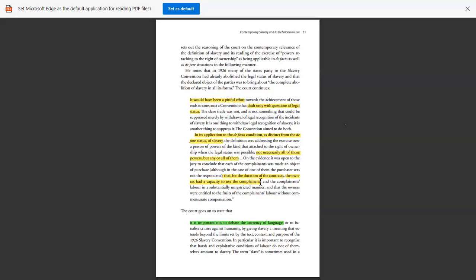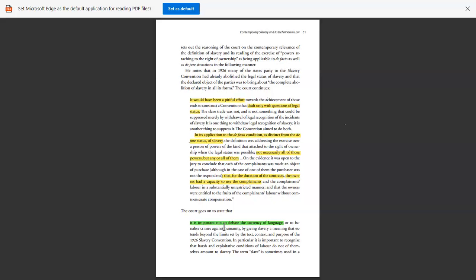I think that's the definition of parens patriae, which in the clip I shared the other day on the role of the Michigan Attorney General and Consumer and Environmental Protections, the bar even admits that they don't have the ability or the power to come down on behalf of one of the individuals in the state to collect for another, yet they wanted to circumvent that. And this, I think, also shows that for the duration of the contract, the owners had a capacity to use the complainants.